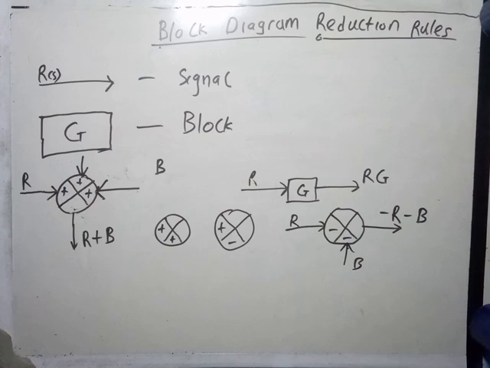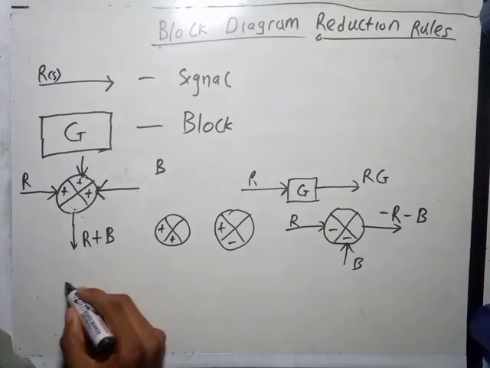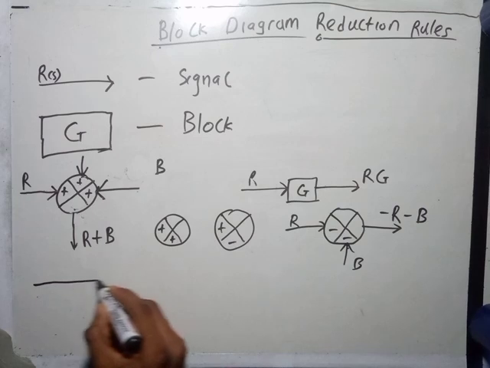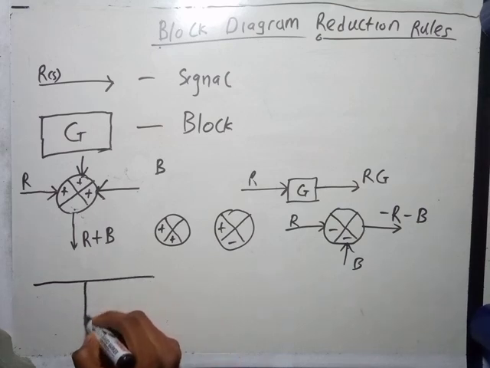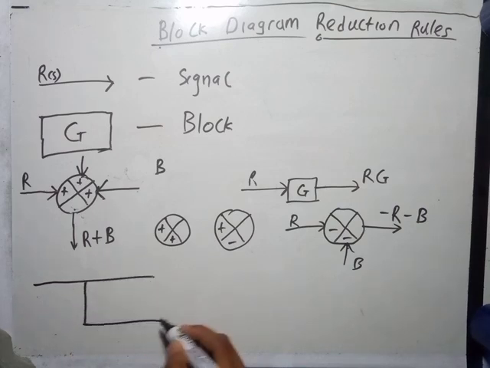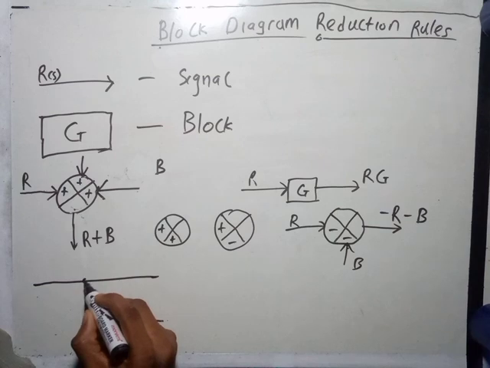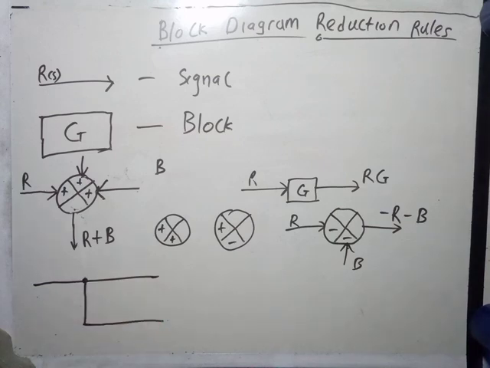Another component that is also used in the block diagram is what you call the branching point or the pick off point. The pick off point is more like your signal being duplicated into 2.